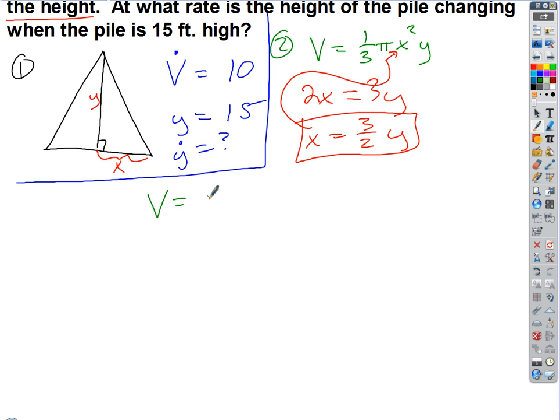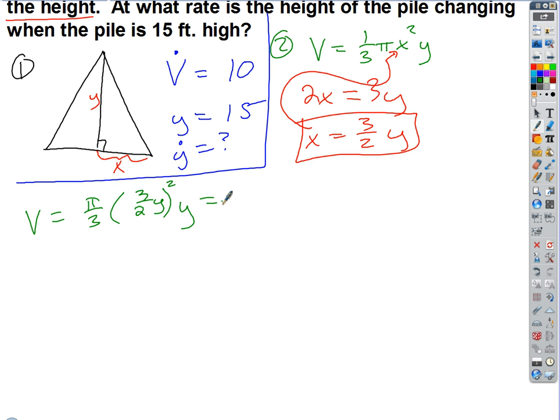V equals pi over 3, we'll combine those constants, times the quantity 3/2 y squared, times y. And so what's that give us then?